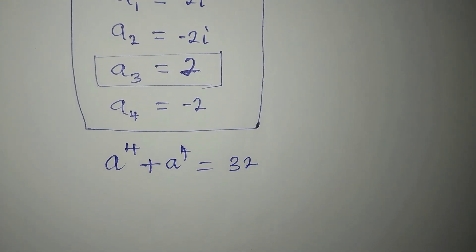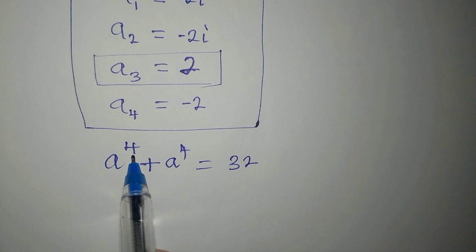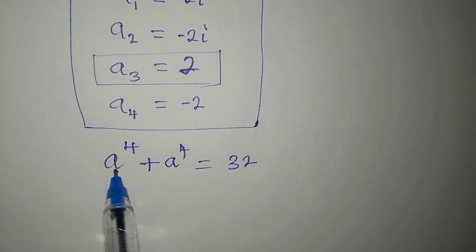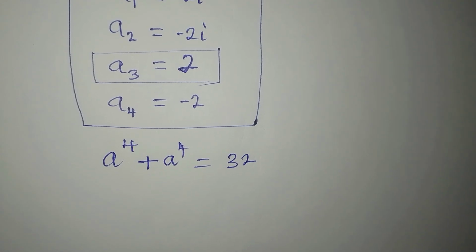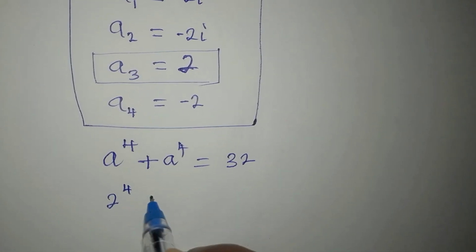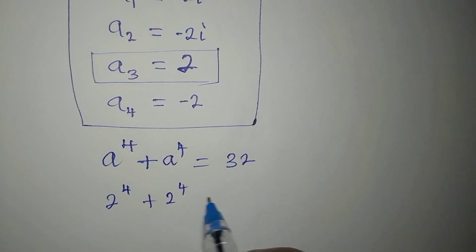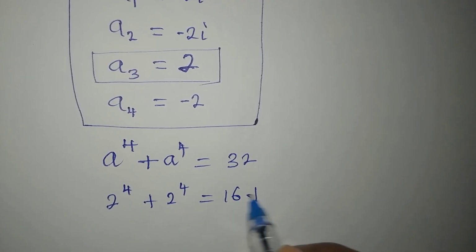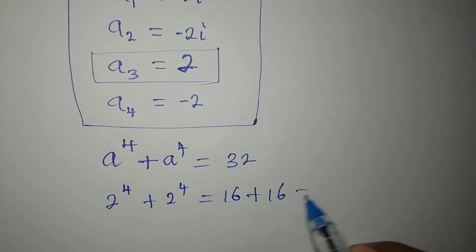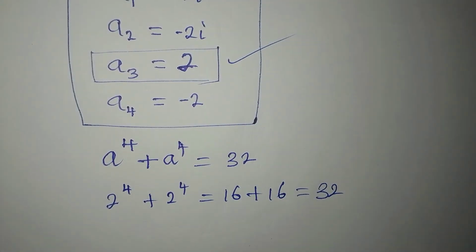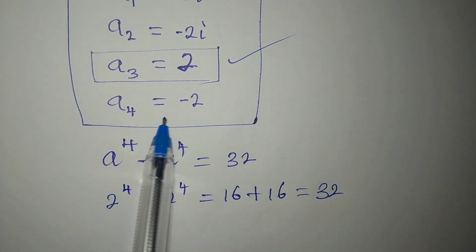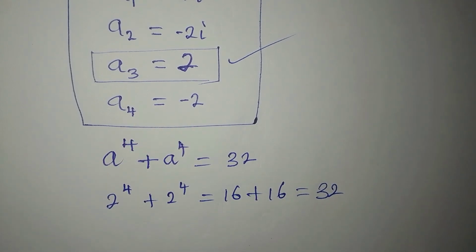So if we put the value of a as 2, that means we have 2 to the power 4 plus 2 to the power 4, and this is 16 plus 16, which will give us 32. So this is satisfying. Let's try the other real solution, which is minus 2, right?